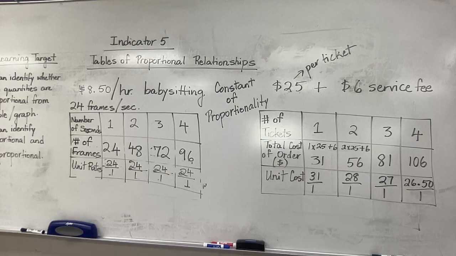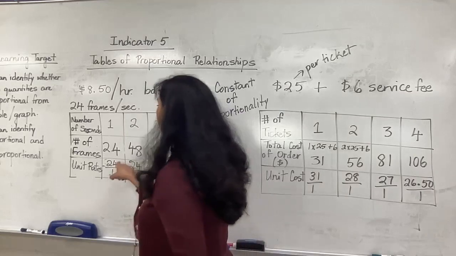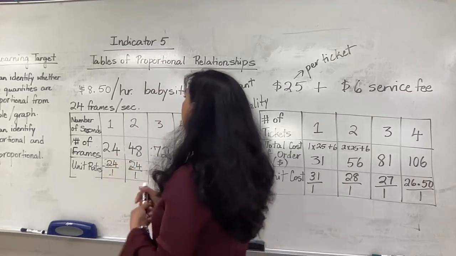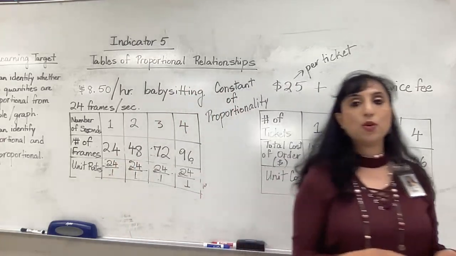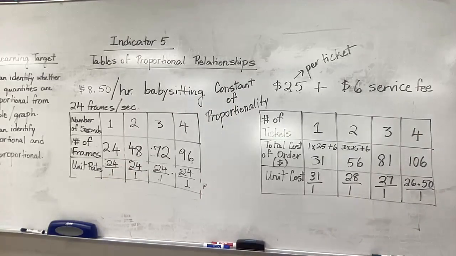The unit rate is going to be 24 frames per second. Because the constant ratio is 24 over 1, the constant of proportionality is 24, and the unit rate is 24 frames per second.